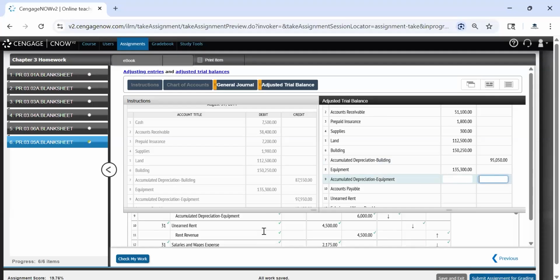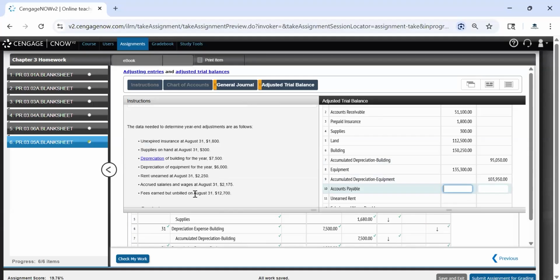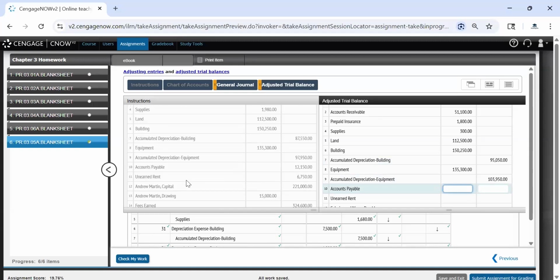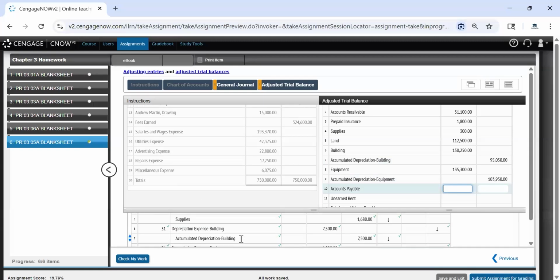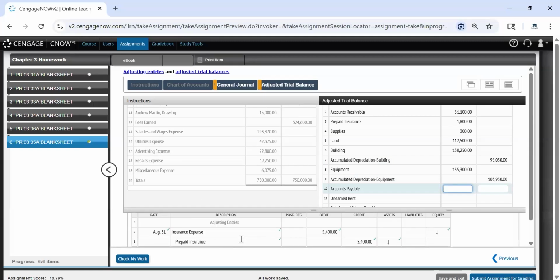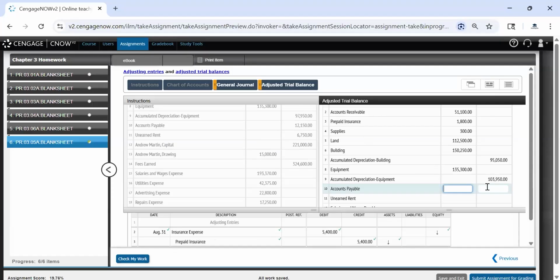And accumulated depreciation equipment is the same amount, so it's 97,950 plus the $6,000, and then we get a total of 103,950. Accounts payable, I don't believe we had an accounts payable entry. So we can just double check, right? But I don't believe we adjusted accounts payable, so that would be fine at the existing balance of 12,150.